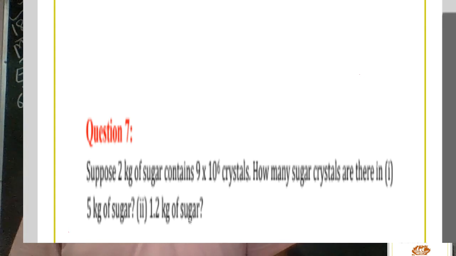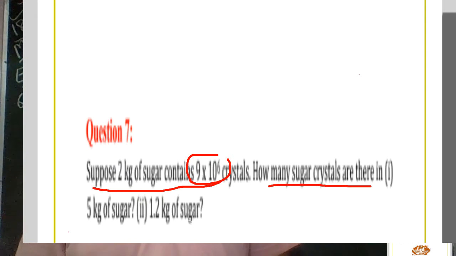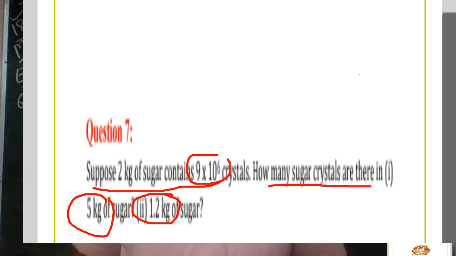Question 7 says: suppose 2 kg of sugar contains 9 into 10 power 6 crystals. How many sugar crystals are there in 5 kg of sugar and in 1.2 kg of sugar? So here it is given that the number of crystals in 2 kg sugar is 9 into 10 power 6.